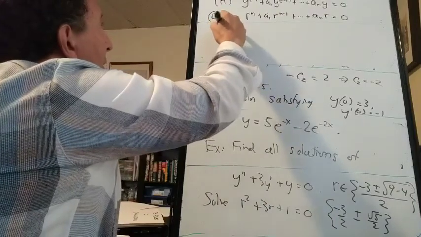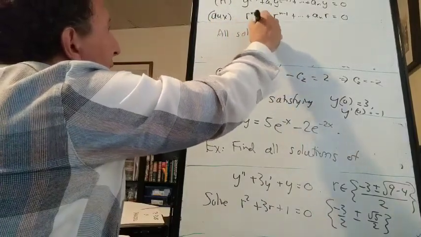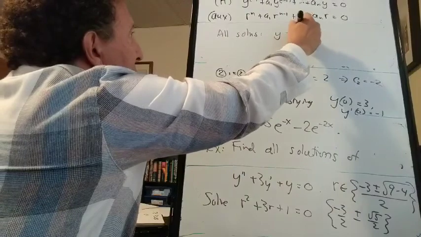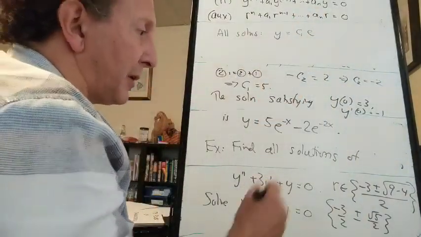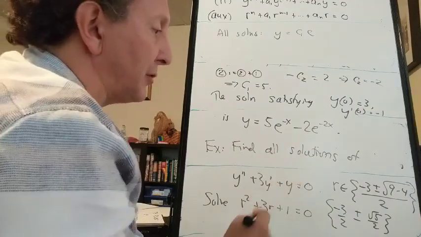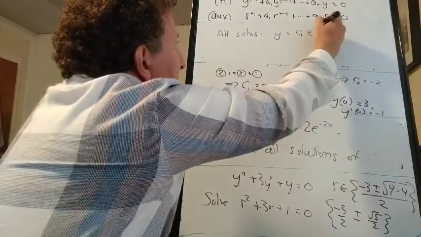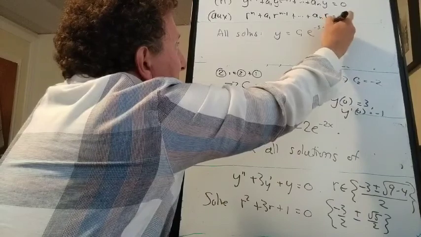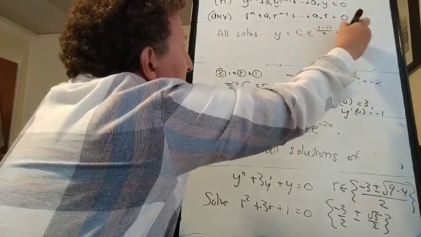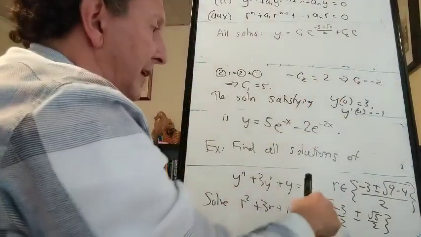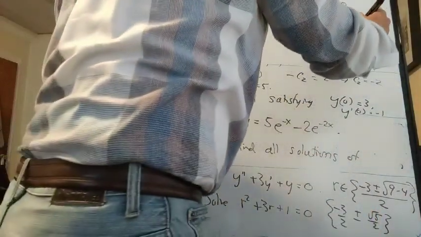So all solutions have the form y equals some constant times e to the negative 3 plus root 5 over 2, plus some other constant times e to the negative 3 minus root 5 over 2.